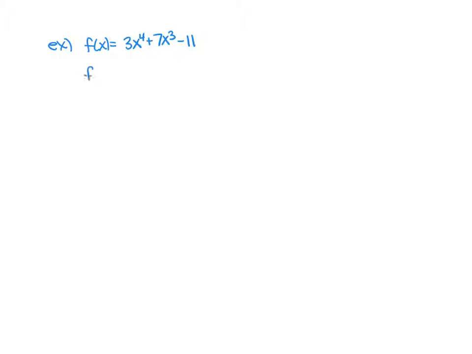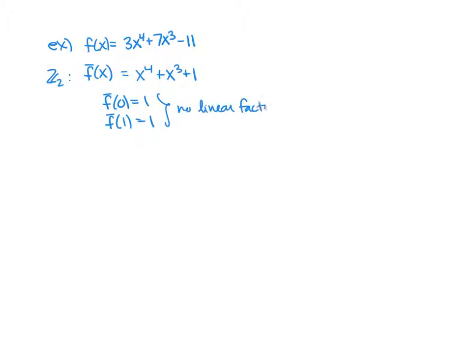So let's look mod 2 and see what we get. So we get x to the 4th plus x cubed plus 1. And we'll check to see that it doesn't have any roots. So 0 and 1 both give you 1. So this means there are no degree 1 factors, no linear factors.